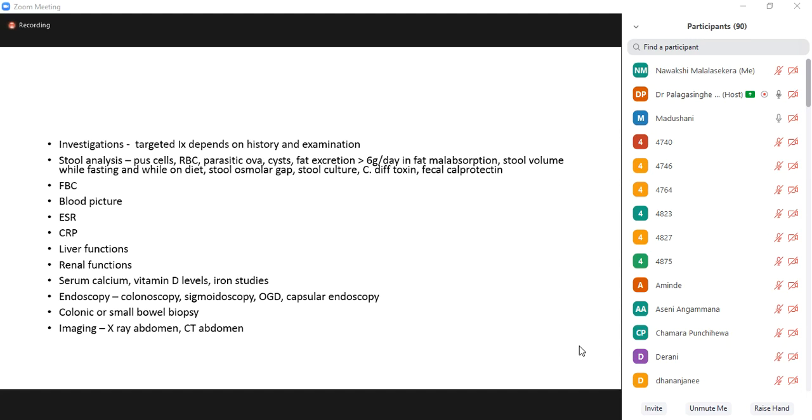Then one of the specific tests to differentiate whether there is an osmotic or a secretory diarrhea is the stool osmolar gap. You can check the stool osmolar gap, where you subtract from the stool osmolality double the sodium and potassium concentration in the stools.